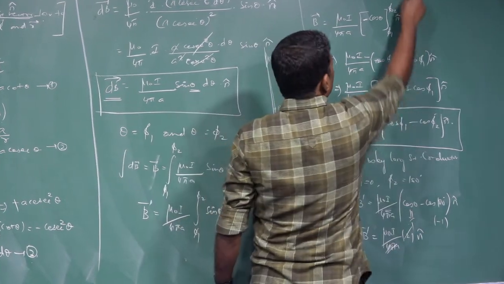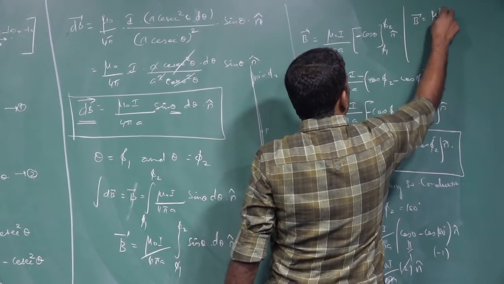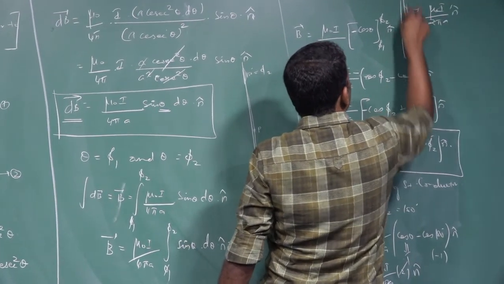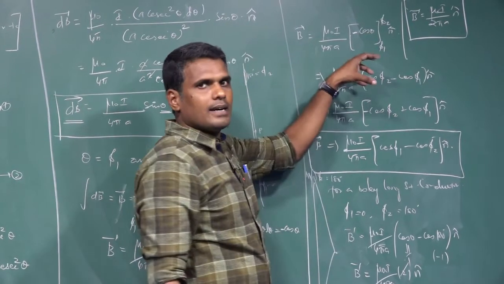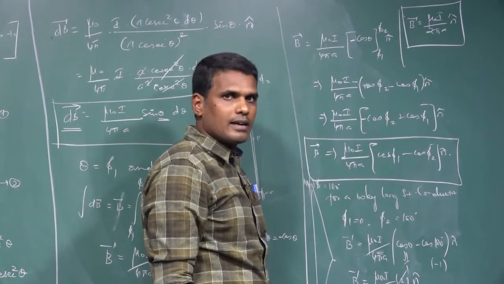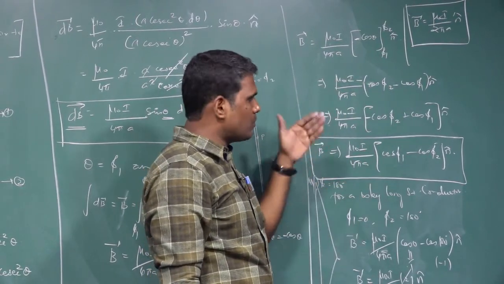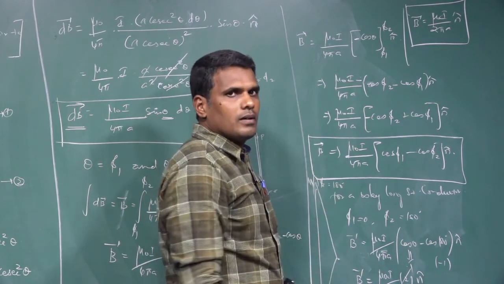So B vector, I am writing the result here: B vector equals mu naught I divided by 2 pi a into n cap. This is the magnetic induction at the point P due to an infinitely long straight conductor carrying current. And n cap is the unit vector acting perpendicular to the plane containing the I dl vector and r vector.